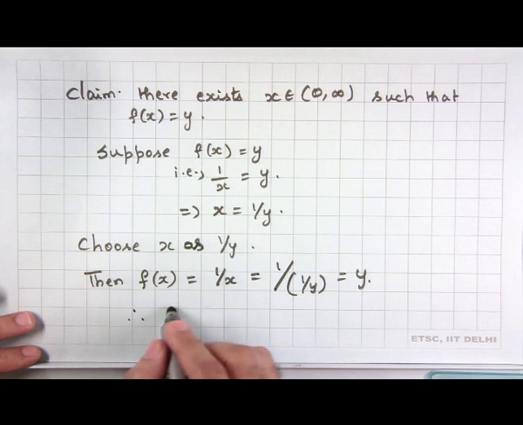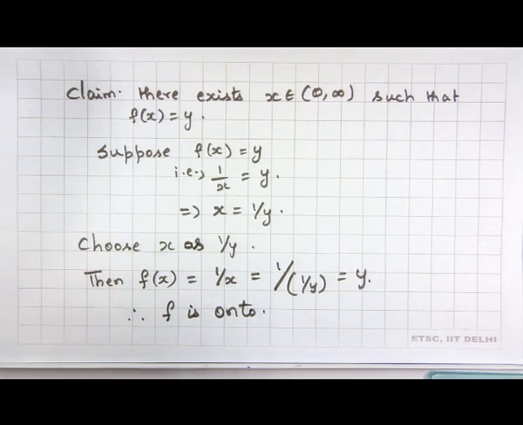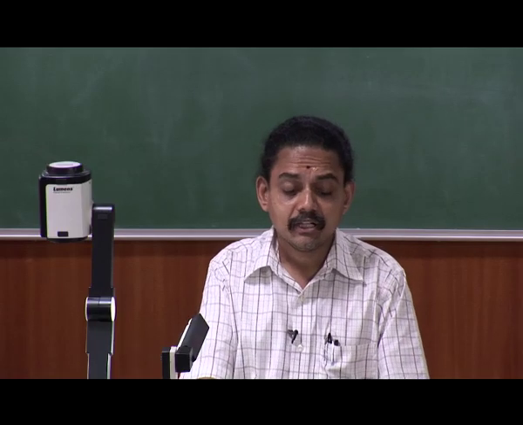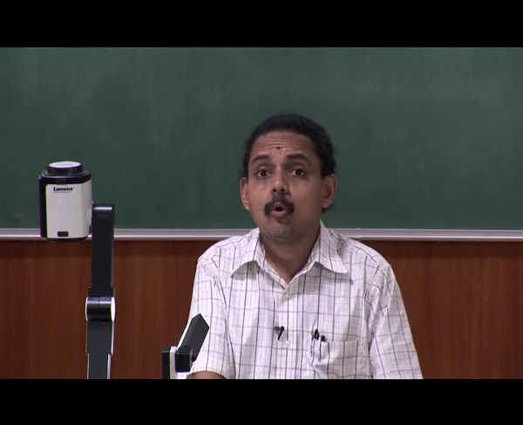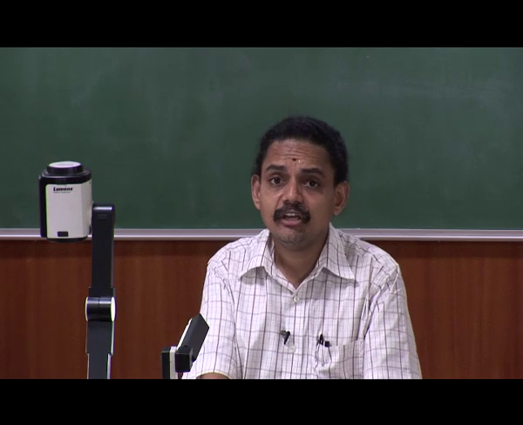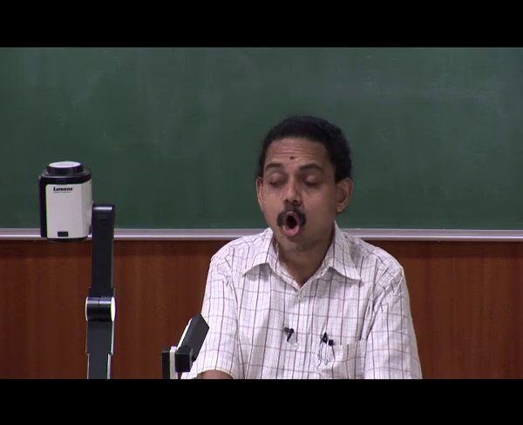Therefore, f is onto. So, thus we have shown that the function f x equal to 1 by x from the open interval 0 comma infinity to the open interval 0 comma infinity is an onto function.